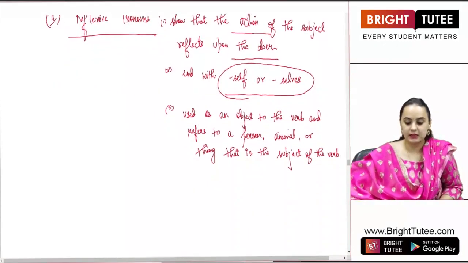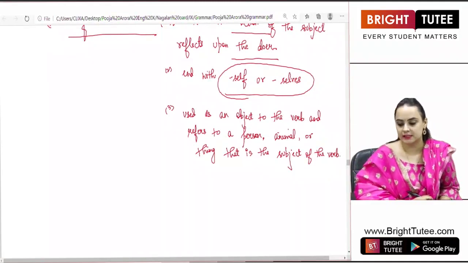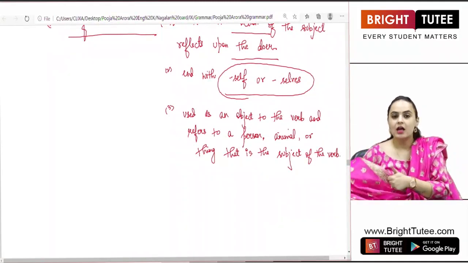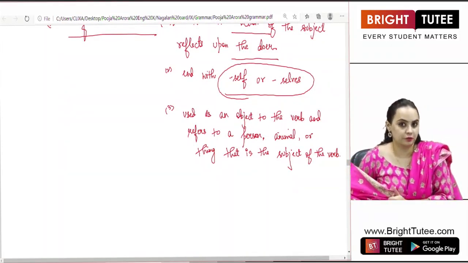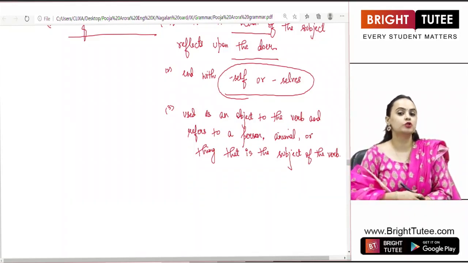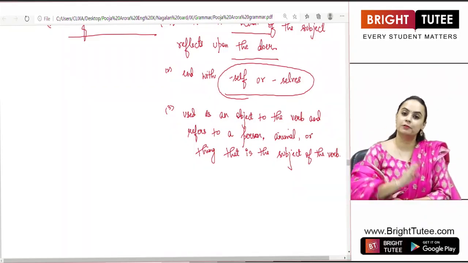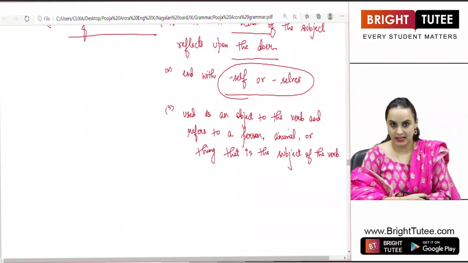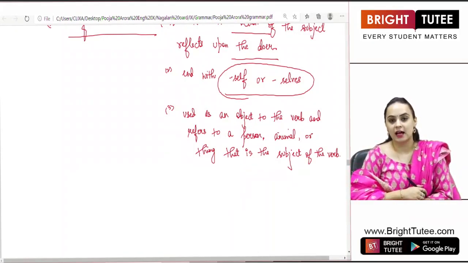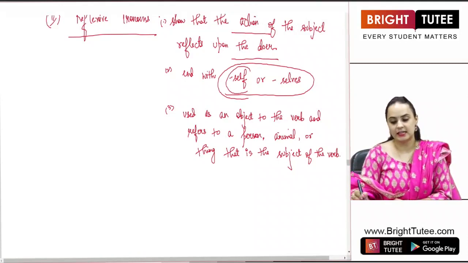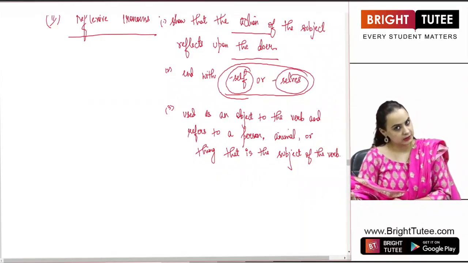So what does it mean? What have we learned about the reflexive pronouns? A reflexive pronoun will always tell us about the action of the doer. The action of the doer is going to reflect upon the doer himself or herself. Second, the reflexive pronouns will always end with either self or selves.